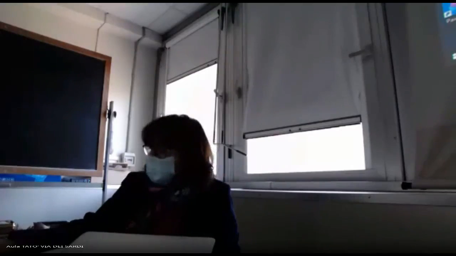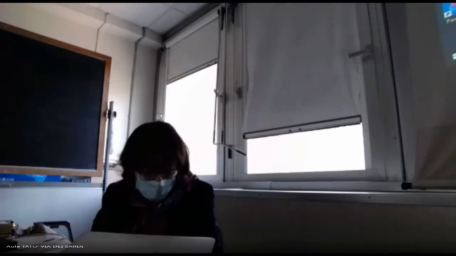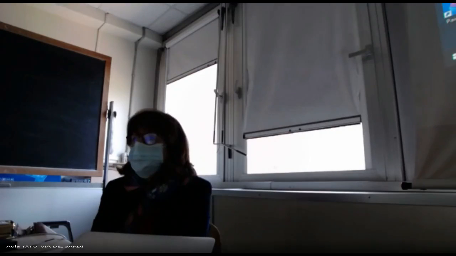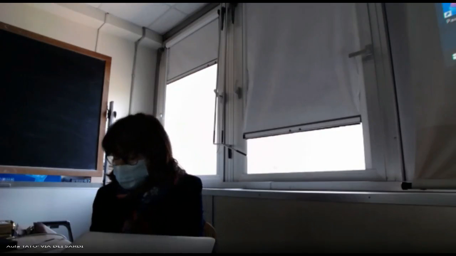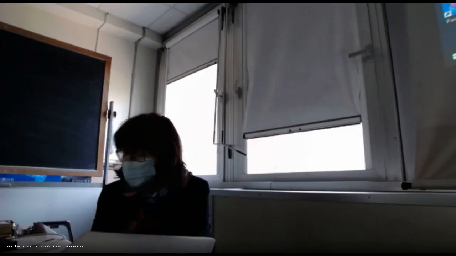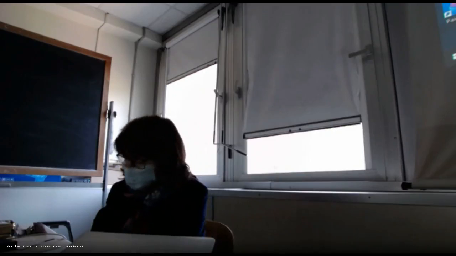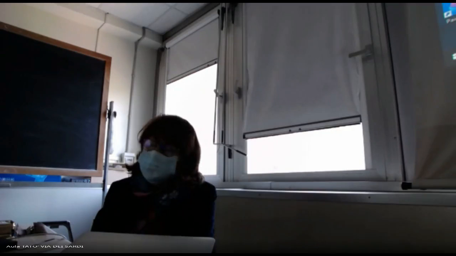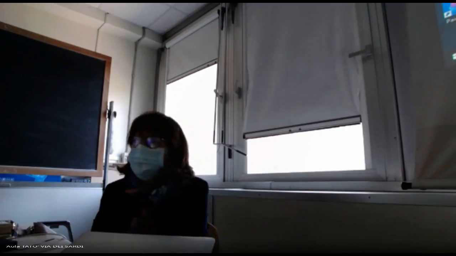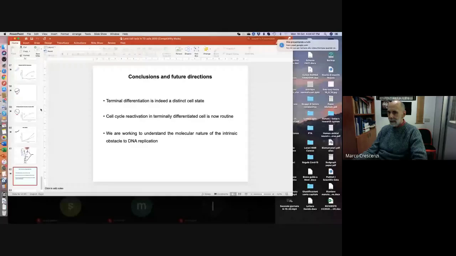Can I ask, Marco, that you go back on a point which I thought was extremely interesting, when you showed that the E1A reactivated nuclei keep their timing, whereas the cells that are inhibited in the CKI, in the kinase inhibitors, lose the timing of replication? Yes.